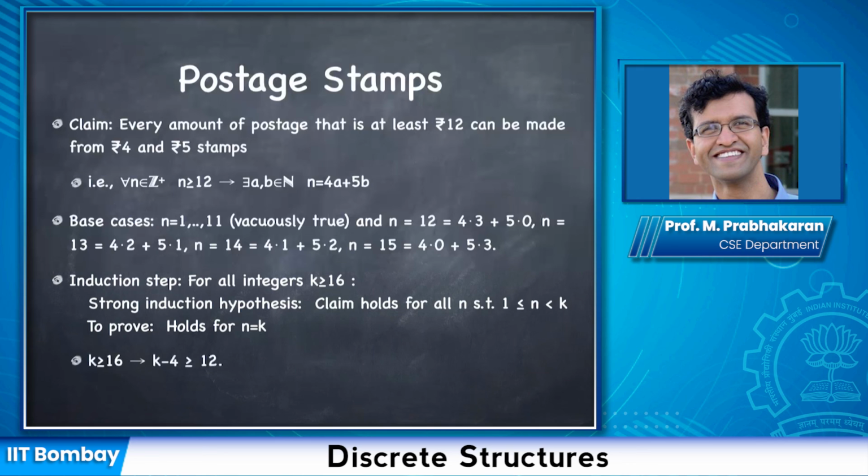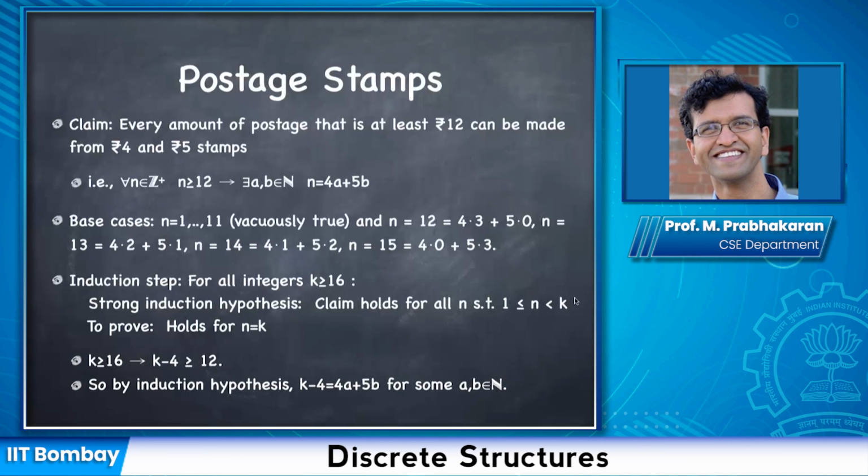Okay, so why is this? k is greater than or equal to 16. So first I'm going to just remove a 4 from it. Okay, and what I'll be left with will be something greater than or equal to 12. By induction hypothesis, it's greater than or equal to 12, and it is strictly less than k, right?